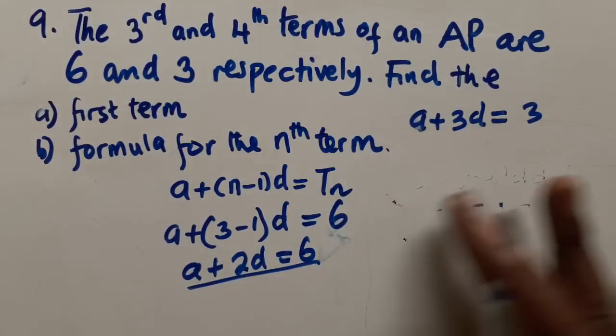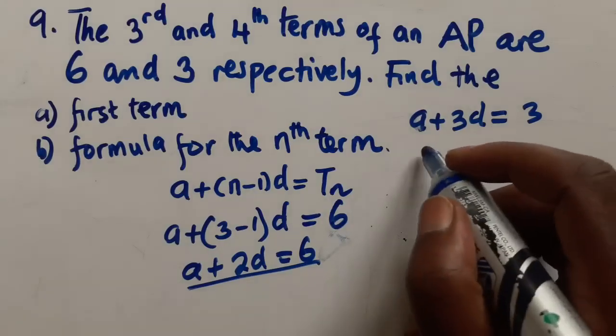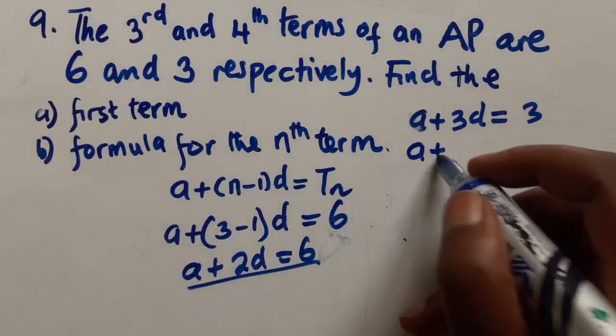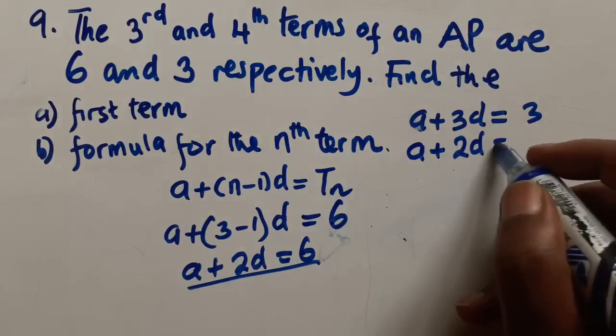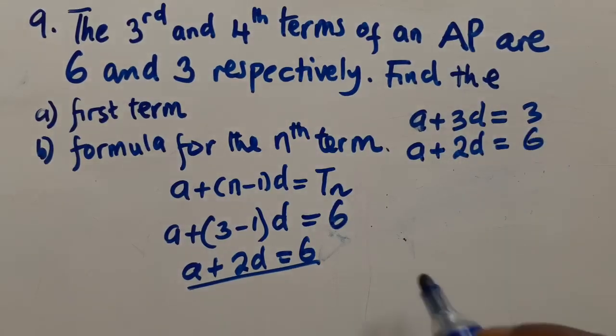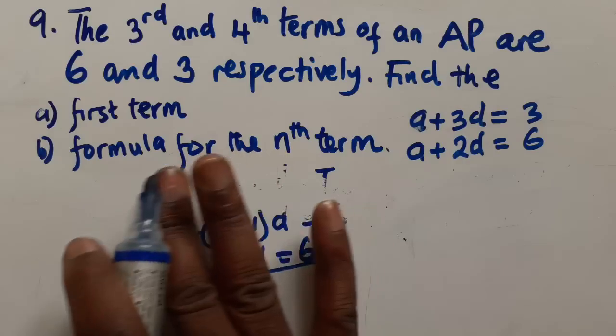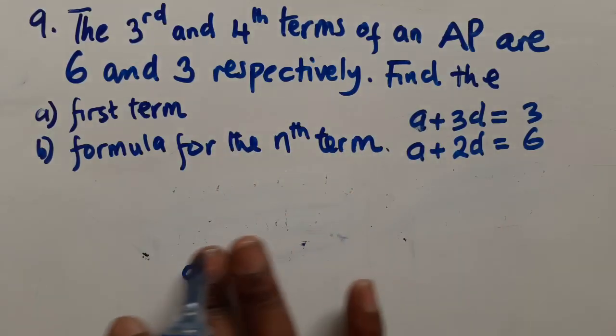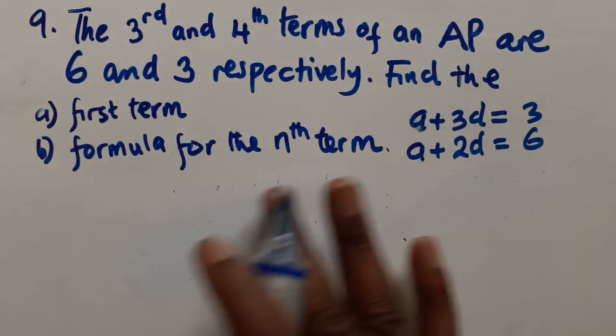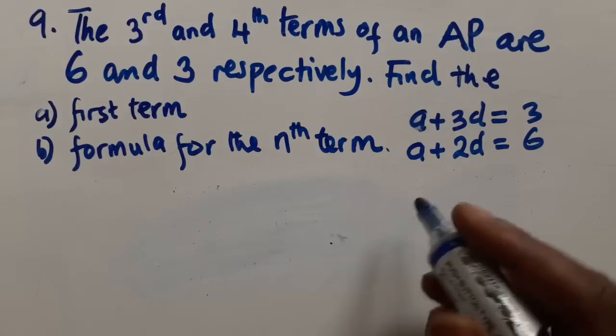Okay. We bring this other one down here and say A plus 2D is equal to 6. Then we solve these two equations using one of the simultaneous methods that you are comfortable with.